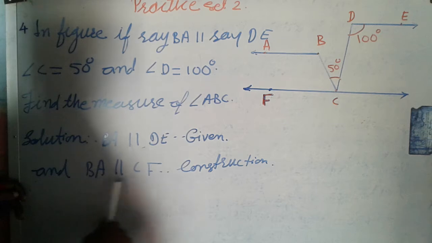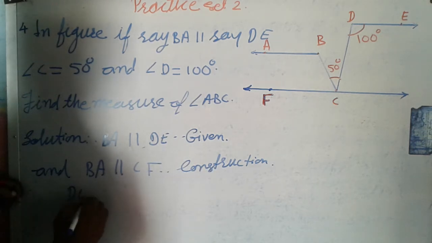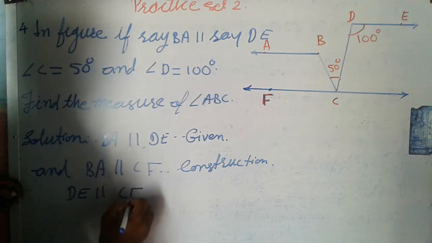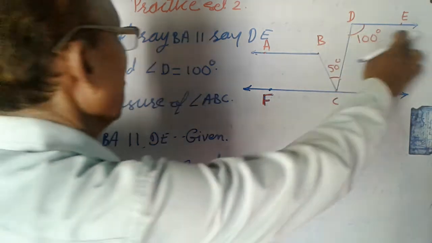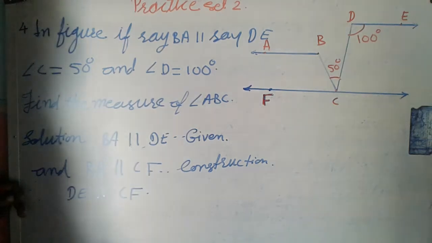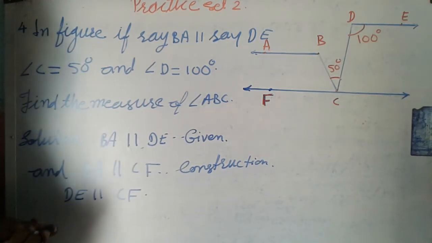BA is parallel to DE and BA is parallel to CF, and therefore DE is parallel to CF.